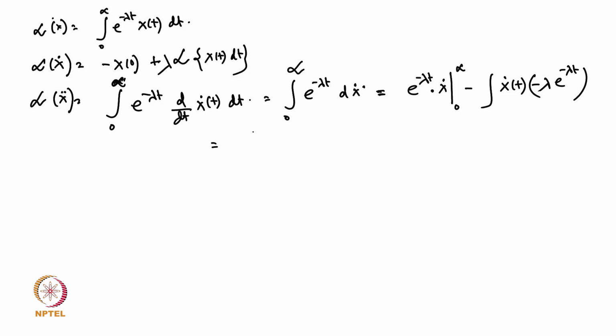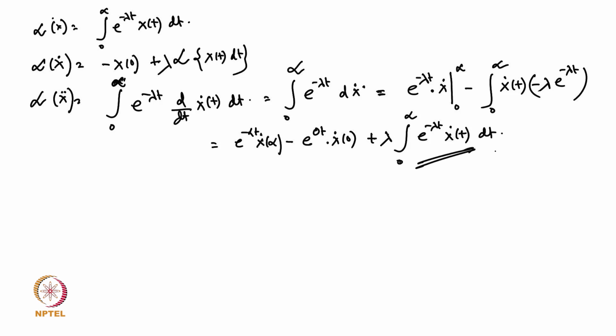Now, substituting the full thing, again I will have e to the power of minus infinity times t into x dot at infinity, minus e to the power of 0 into x dot 0, and then the integral from 0 to infinity of e to the power of minus lambda t into x dot t dt.